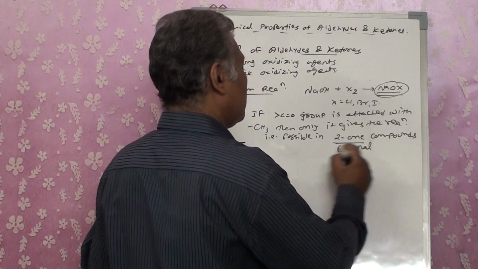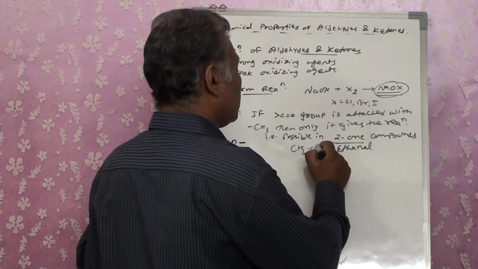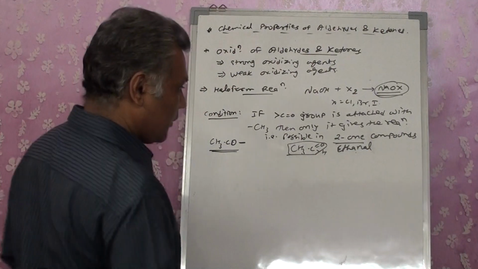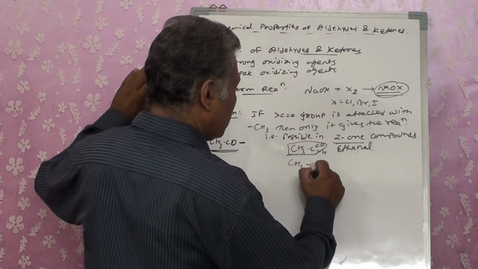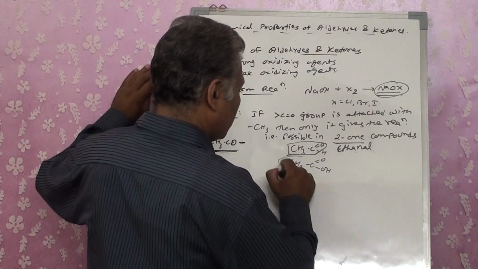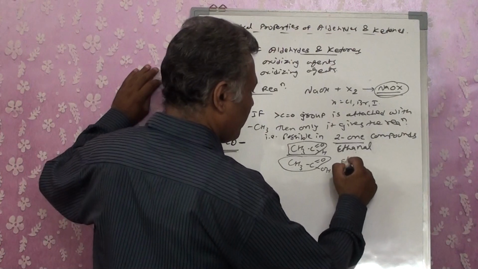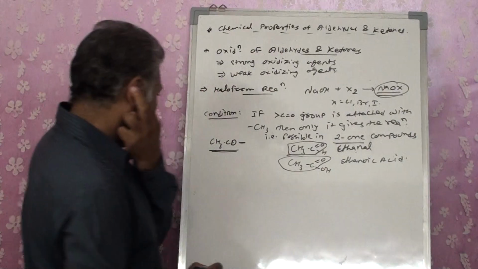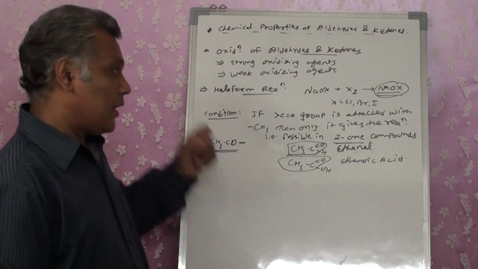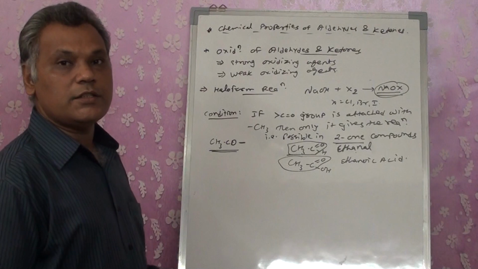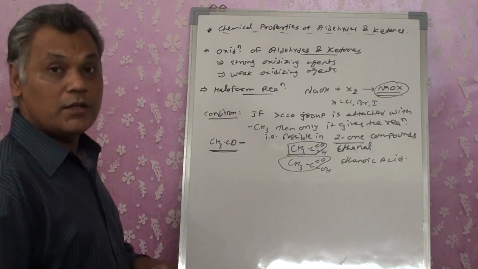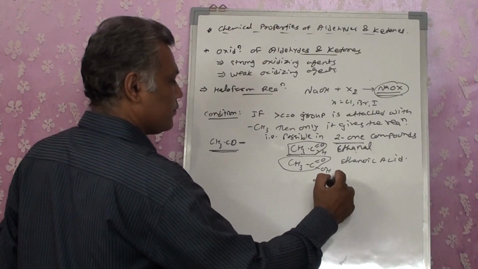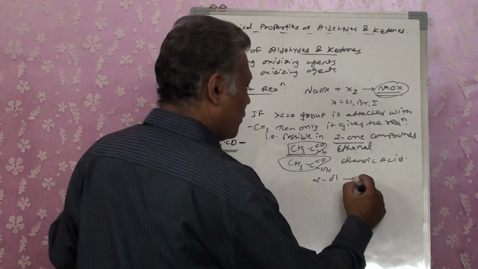ethanol. It also has CH3, C double bond O, H. So this group is present in ethanol. Similarly, ethanoic acid is also the same group. These are the exceptional compounds. At the same time, this is an oxidizing agent. So if you have a 2-ol, it oxidizes first of all.